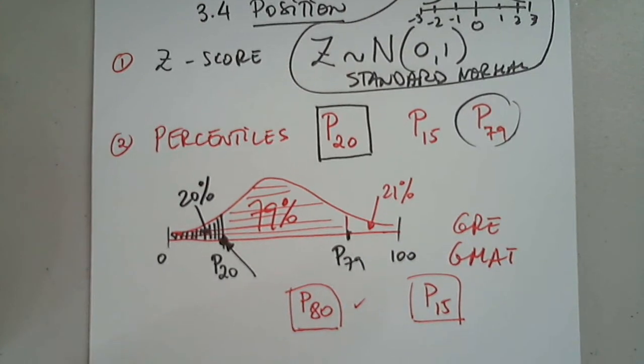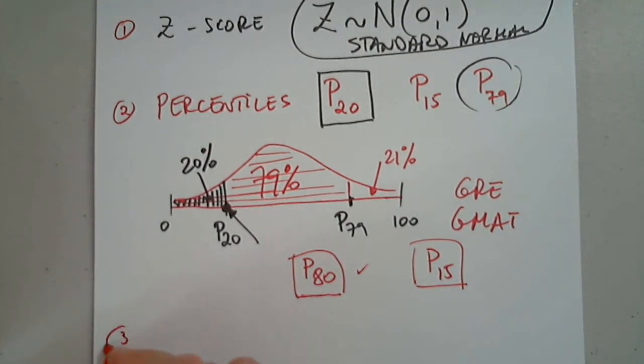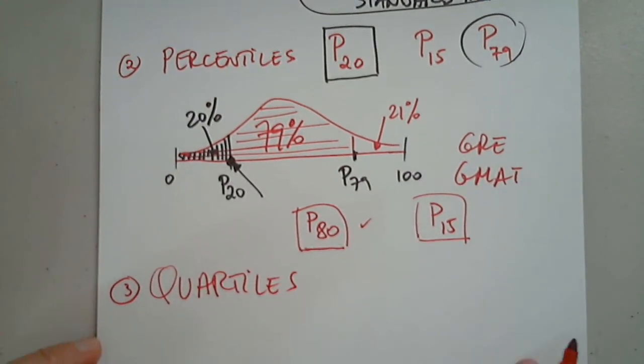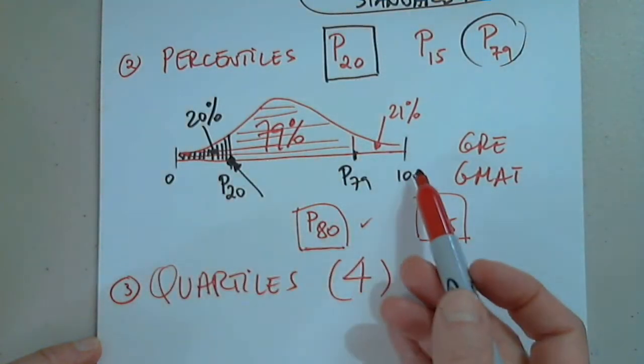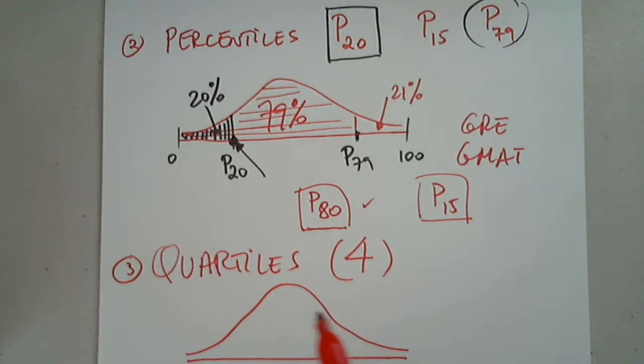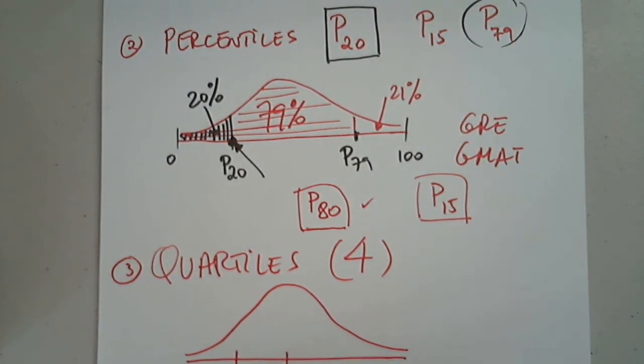Okay, moving on to number 3, quartiles. We have 4 quartiles. We have 100 percentiles, but only 4 quartiles. So if this is the distribution, we only have Q2, we have Q1, and we have Q3.